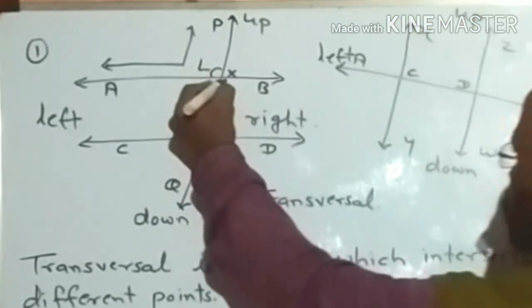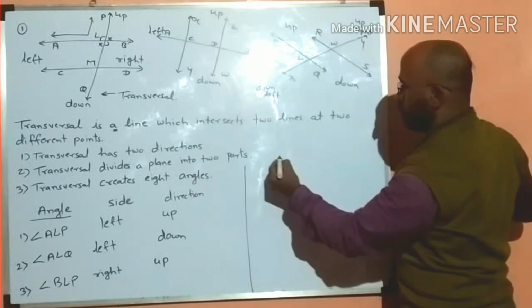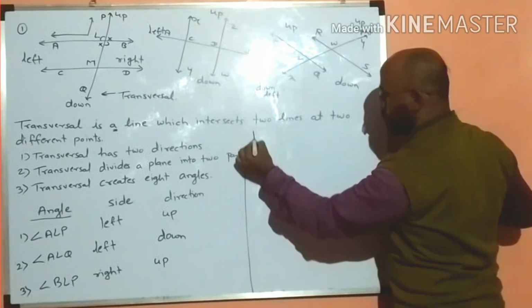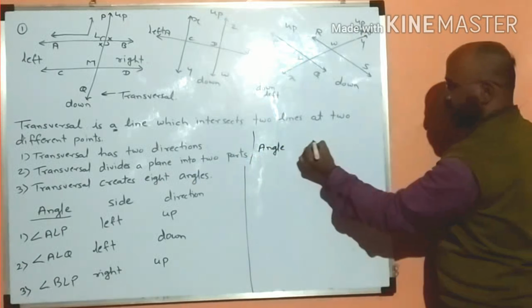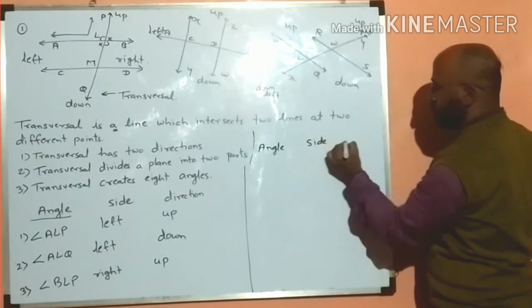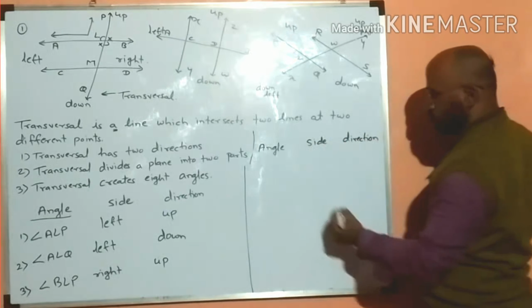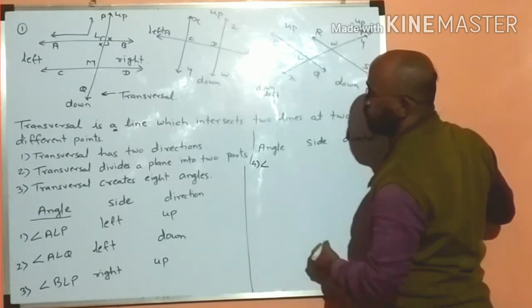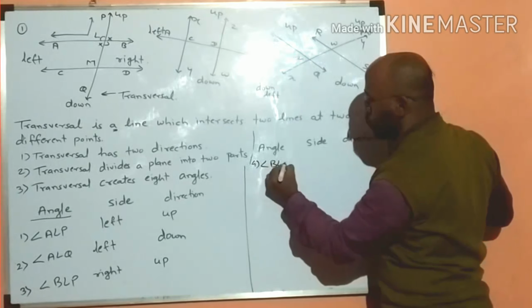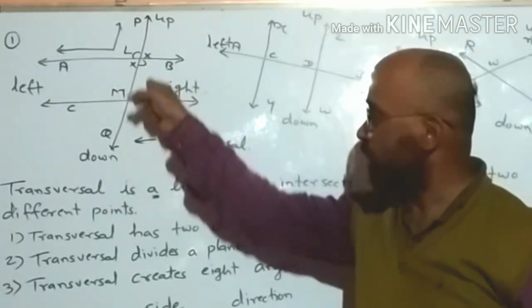So next is this angle BLQ. I'll make a table of first angle, second side, third direction. So fourth one is angle BLQ.